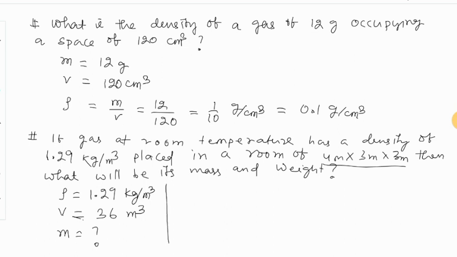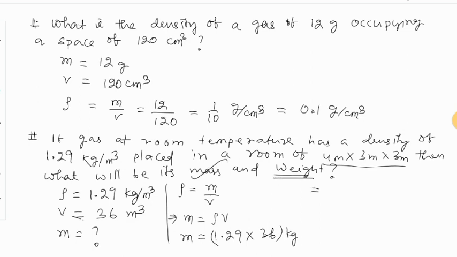Now we had a formula, rho is equals to mass by volume. This implies mass is equals to rho into volume. What is rho? 1.29. What is V? 36. This much kg. Now we got mass. Tell me, what is the weight then?